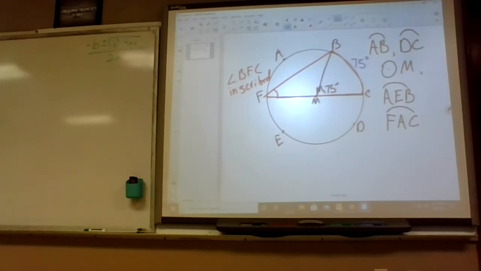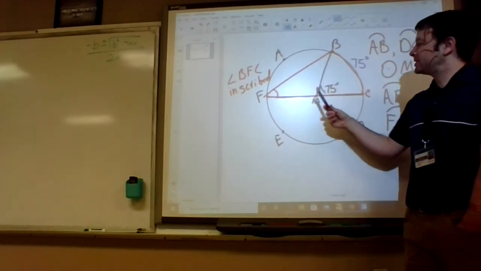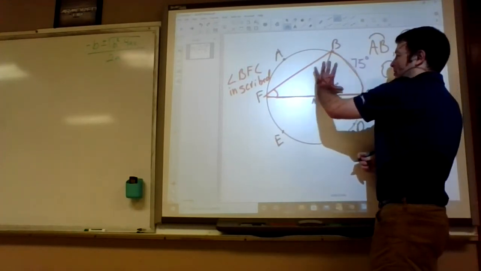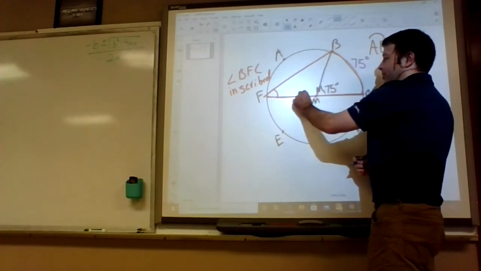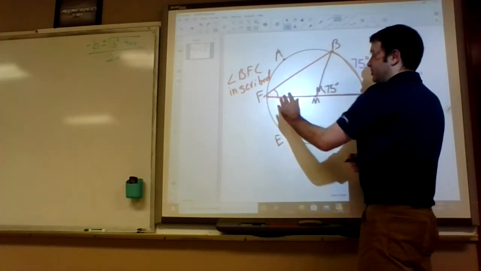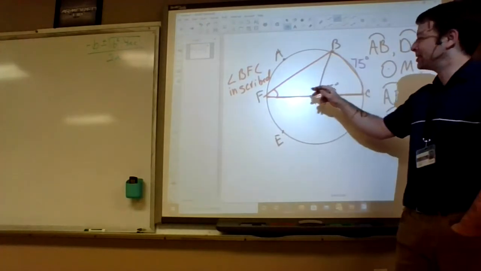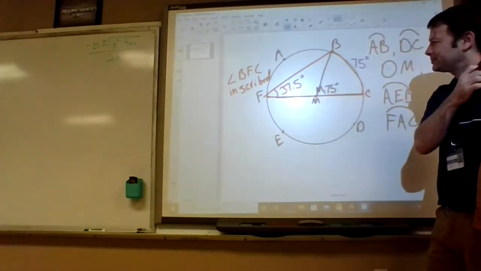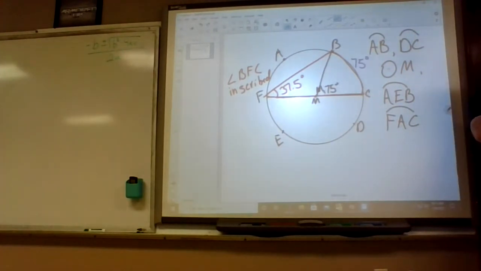No? Well, it turns out that the inscribed angles are always half of its arc. Because if I pulled this point over, it would stretch it out and the angle gets smaller. It just always ends up being exactly half. So this would be 37.5 degrees, which is half of 75.